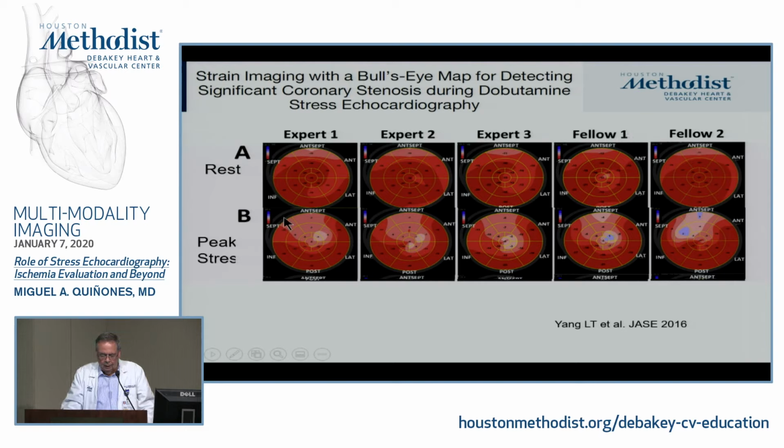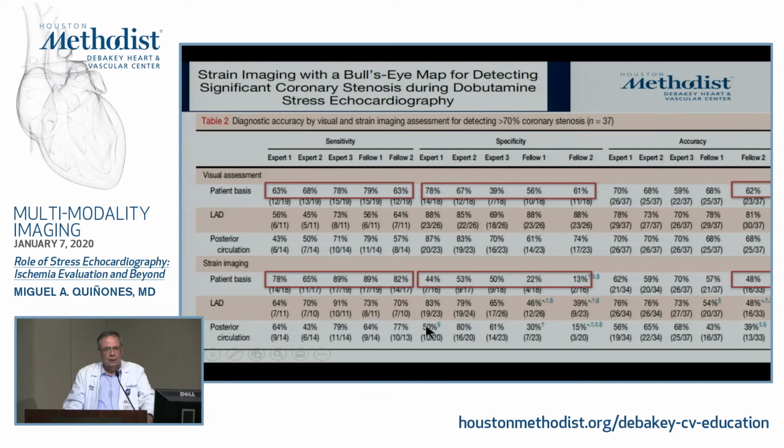And the bottom line, this is, of course, your best case, right? You can see very nicely how the strain is picking up the abnormalities. But the reality was that when they actually look at the accuracy, with angiography as the standard, the strain didn't help that much.